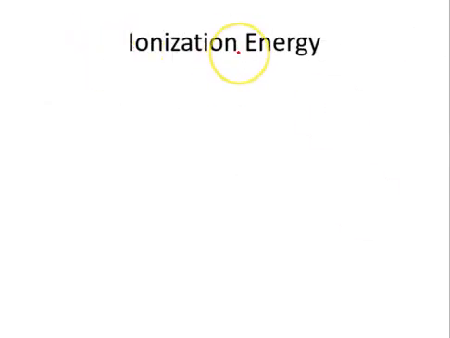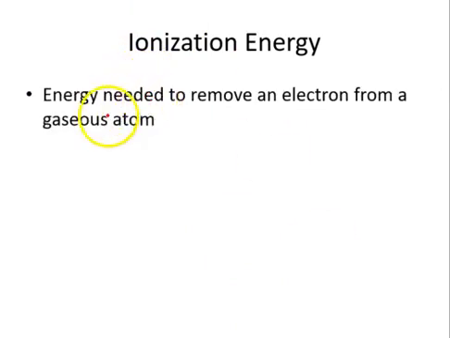Ionization energy is the other word that we're going to talk about today, and it's kind of similar to electronegativity, except it's not. It's not the same, but it's a little bit the same. So let's talk about what it is. Ionization energy is the amount of energy needed to remove an electron from the gaseous state.